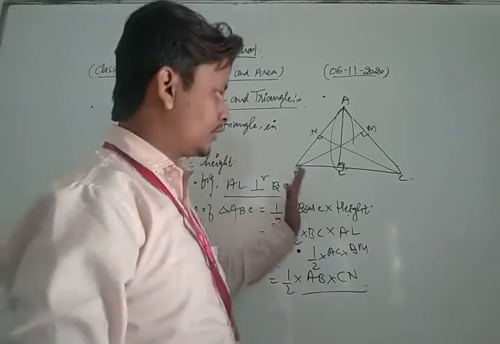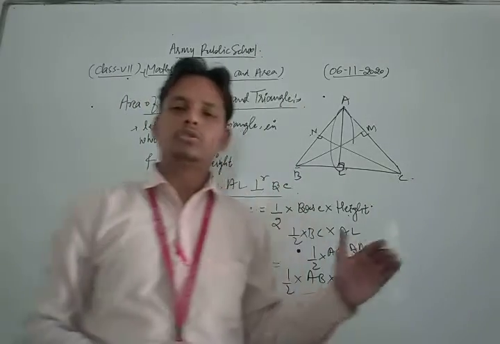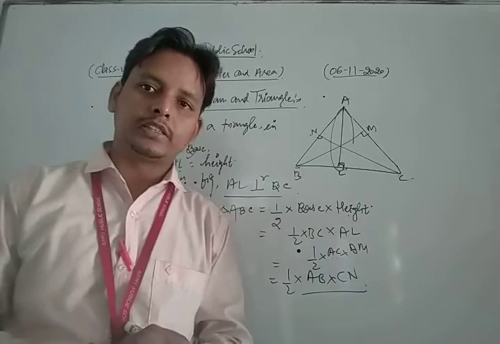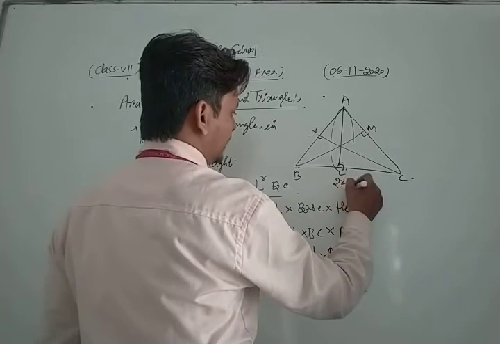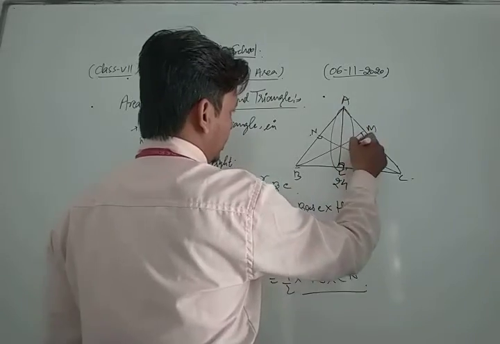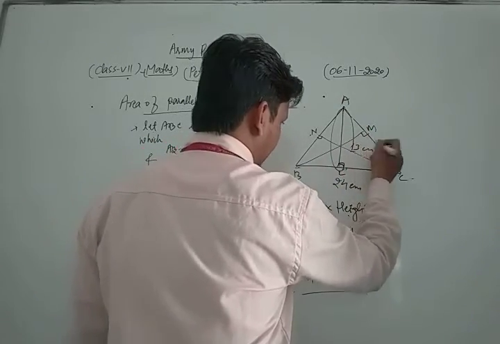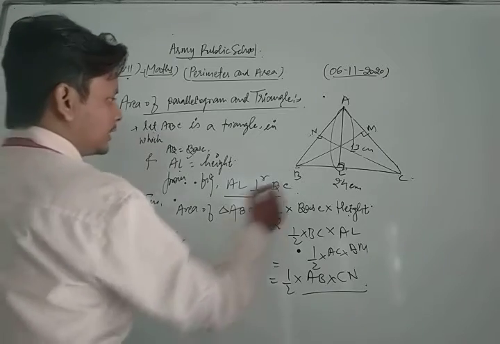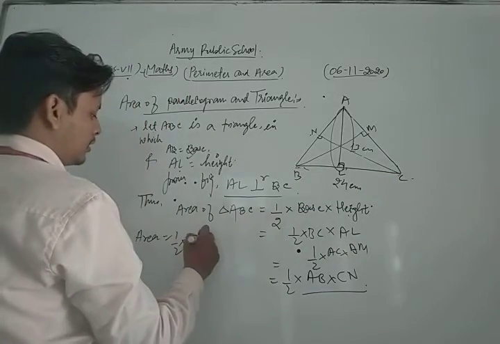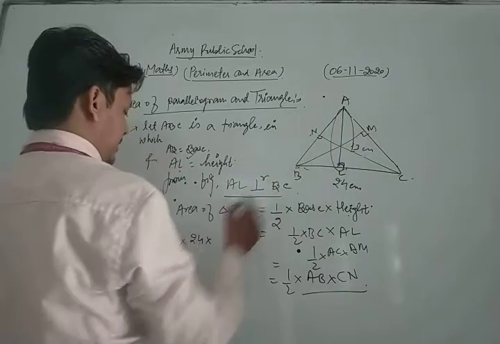So in this way, using that concept, you can solve each and every question of your NCERT exercise. Suppose the base of the triangle is 24 centimeter and the corresponding height is 13 centimeter. Then the area is 1/2 base into height, the base is 24 and the corresponding height is 13.